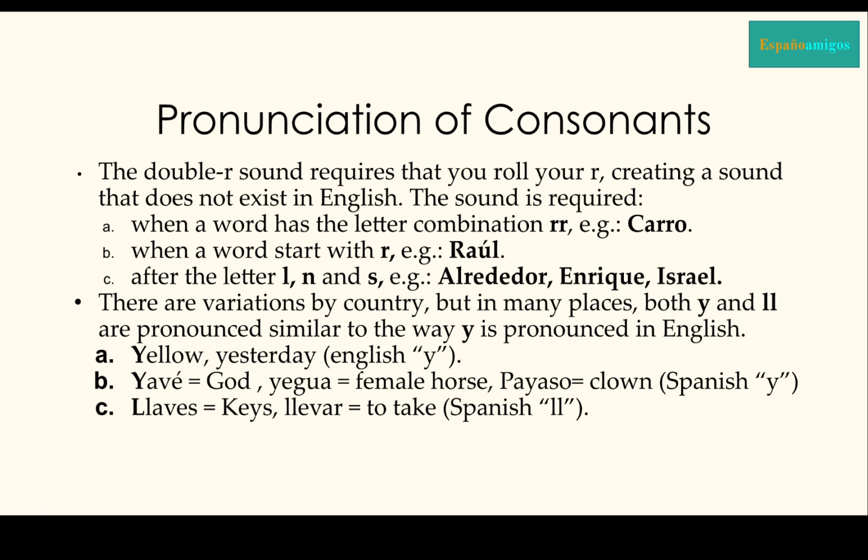There are variations by country, but in many places, both Y and double L are pronounced similar to the way Y is pronounced in English, okay? So we have the examples of yellow, yesterday, English Y. Llave, key, yegua, female horse, payaso, clown.